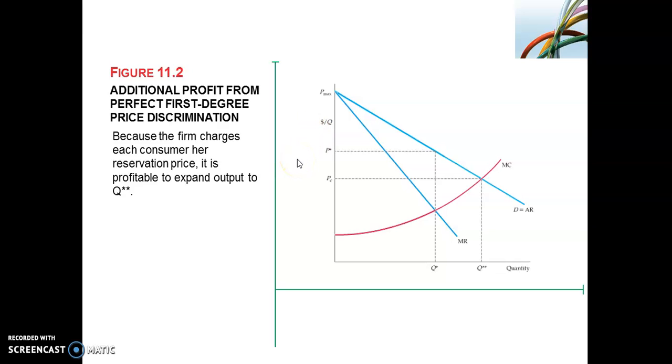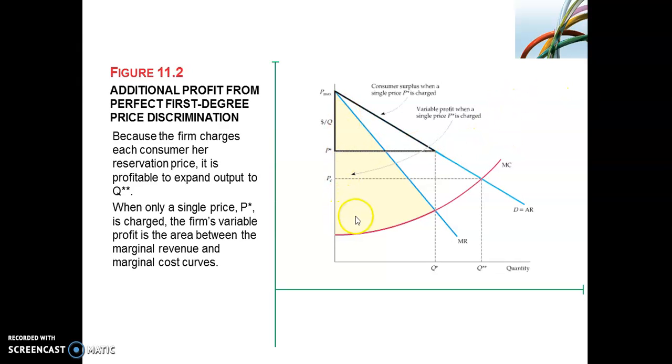Now, incremental profit is obtained by saying marginal revenue minus marginal cost on each unit. So, if we want to determine the incremental profits on each unit up to Q star, that would give us the variable profit. So that is this yellow shaded area.